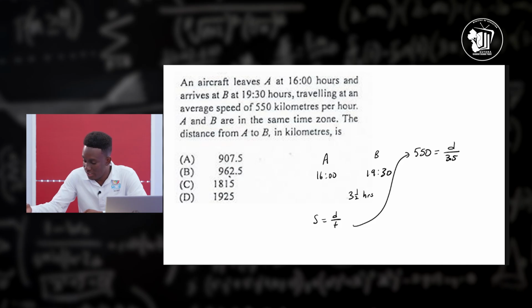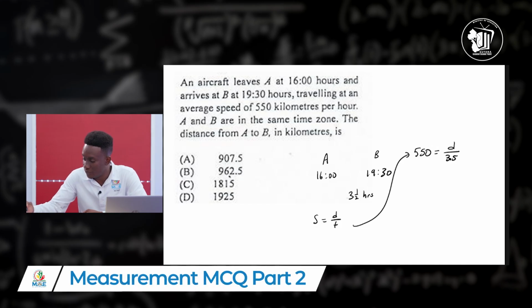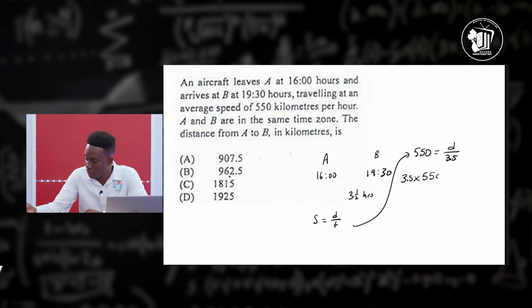So to find D, I must take over this 3.5 and it will multiply the 550. So 3.5 multiplied by 550 will give me the distance.